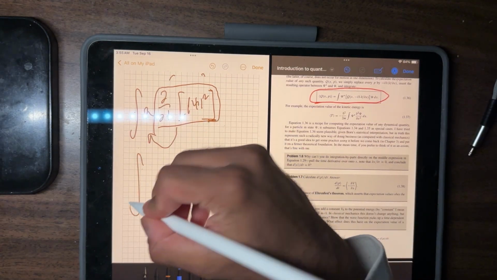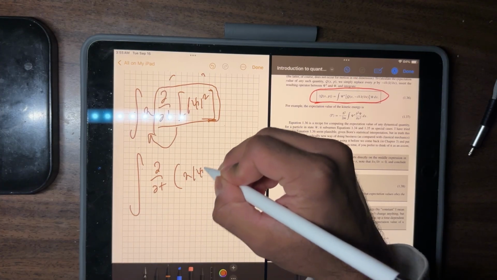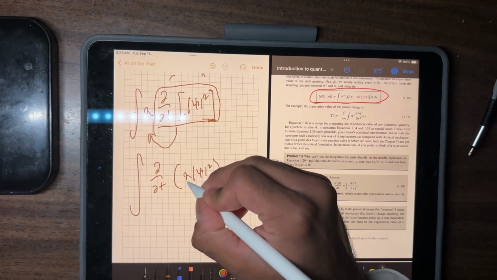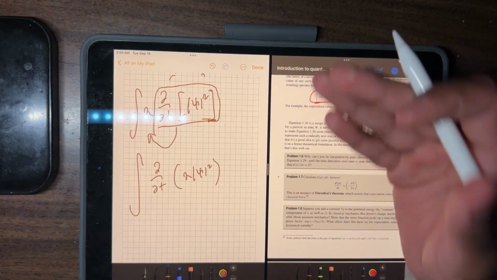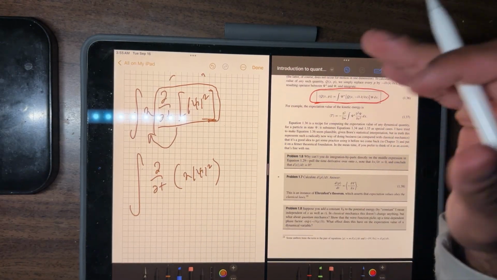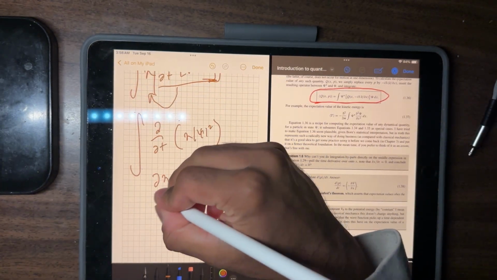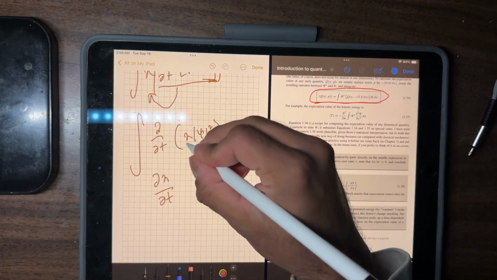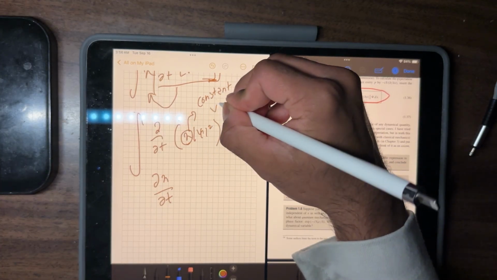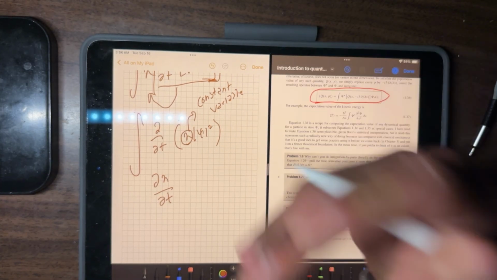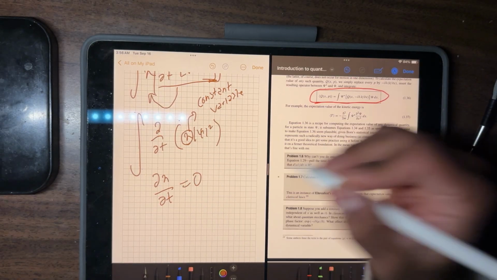But if I write integration of curl by curl t, x times psi square, this means that I'm writing curl x by curl t psi square plus x times curl by curl t of psi square. But this curl x by curl t, because x itself is a constant value represented in the form of a variable, will give me 0.